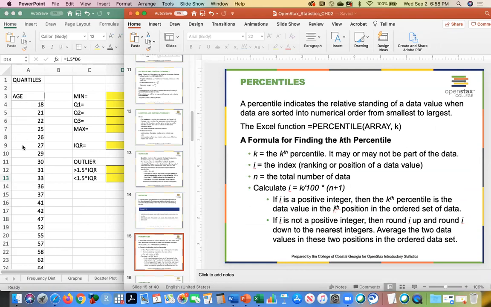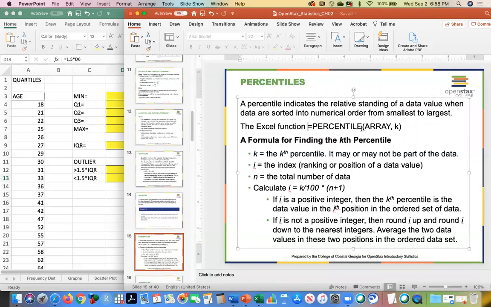We can find 100 different percents. A percentile indicates the relative standing of the data when the data is sorted into numerical order from the smallest to the largest. We have an Excel function to find the percentile. As we have the one to find the quartile, we can also find the percentile.